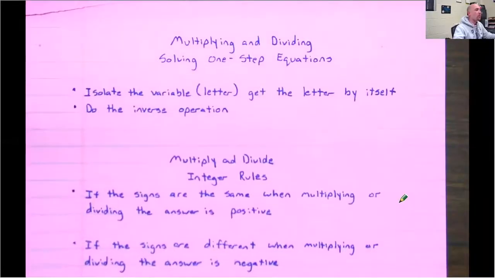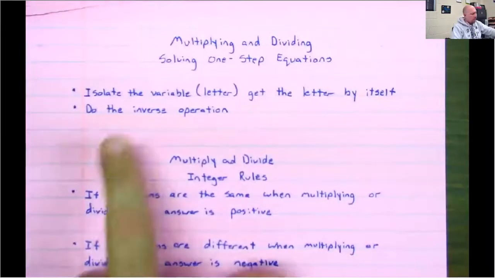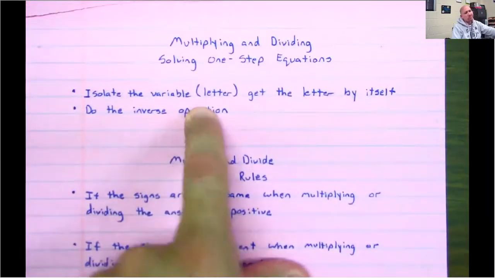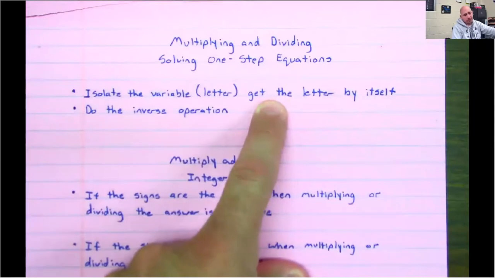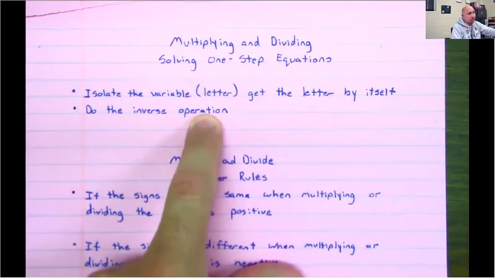I almost laughed. All right, so this video is multiplying and dividing, solving one-step equations. Just like when you were adding and subtracting, you've got the same two steps. First one, isolate the variable or the letter. You're trying to get the letter by itself, and you do that by doing the inverse operation or the opposite operation.